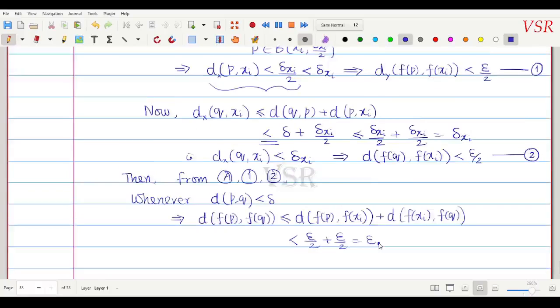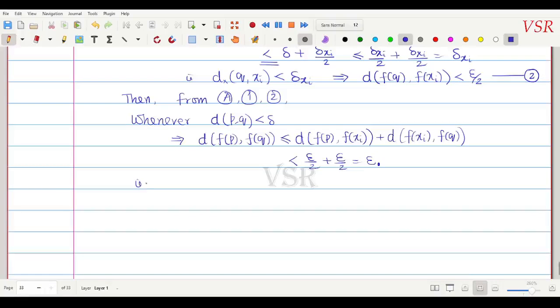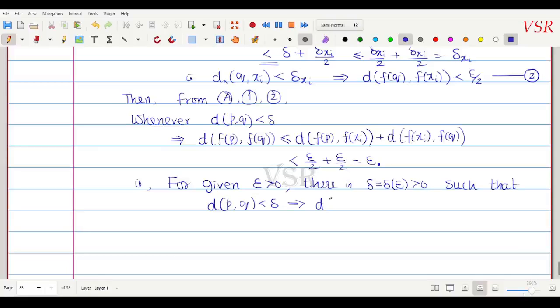That is, for a given epsilon positive, there is a delta positive. Note that this delta depends only on your epsilon, such that whenever the distance between p and q is less than delta, this must imply that the distance between f of p and f of q is less than epsilon.